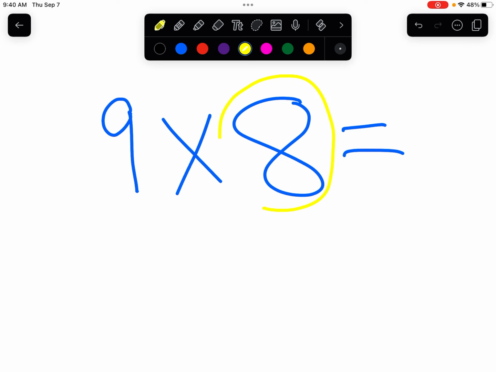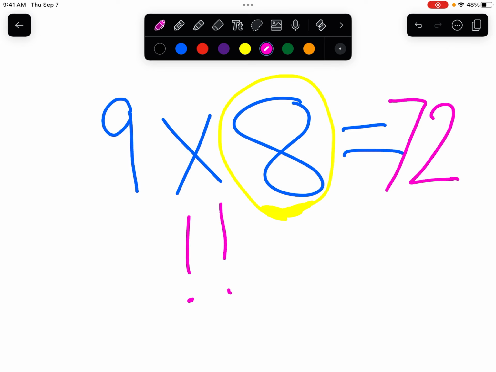We're going to look at this number first, this number minus 1. Then we're going to see whatever that number is, what number gets added to it to make 9. If you got the answer 72, congratulations, you got it correct.